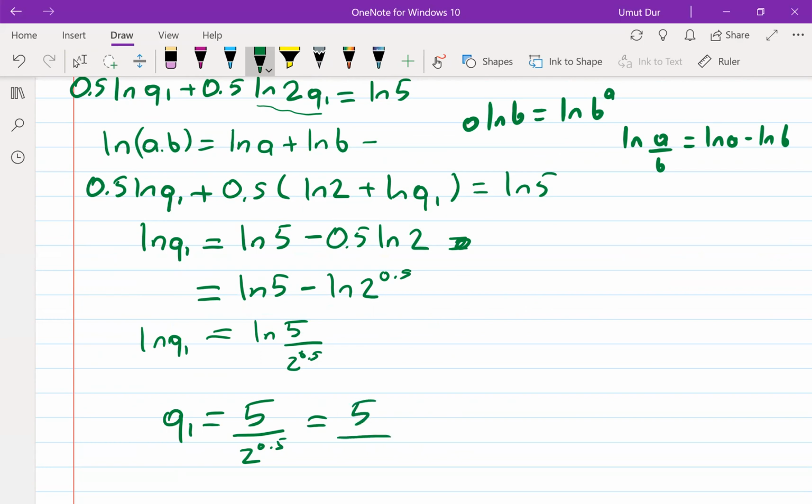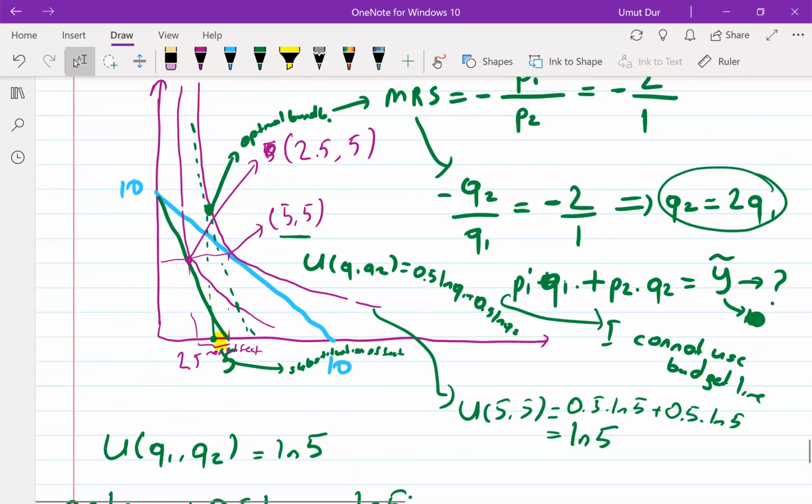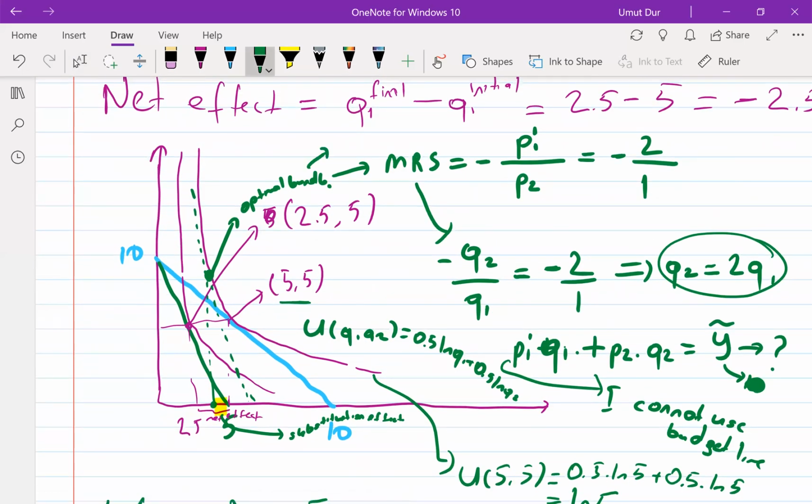It is 5 over square root of 2. So that is the value of Q1 at this point. Okay, so for this point, Q1 is equal to 5 over square root of 2.